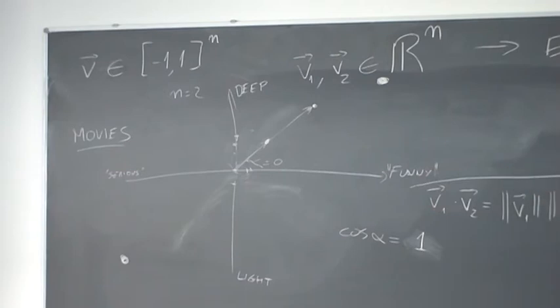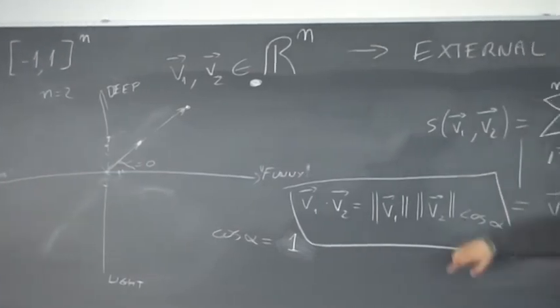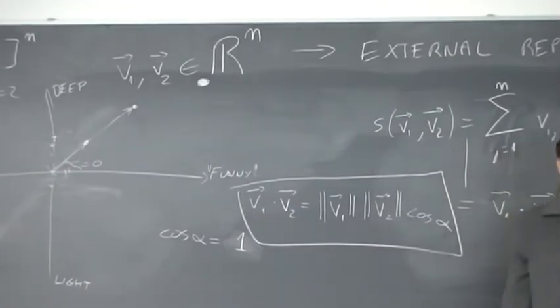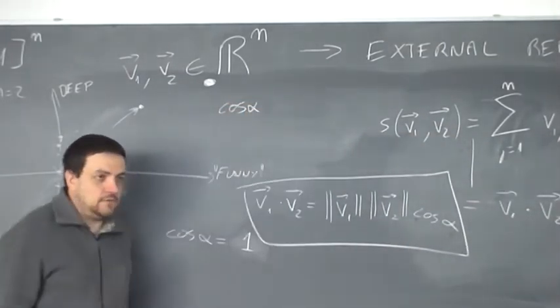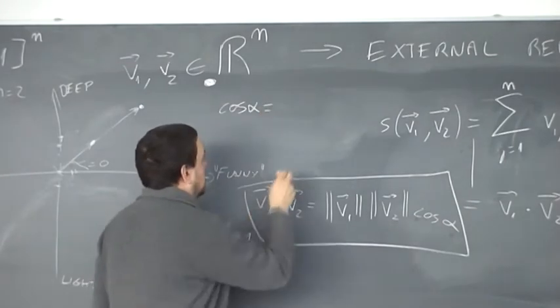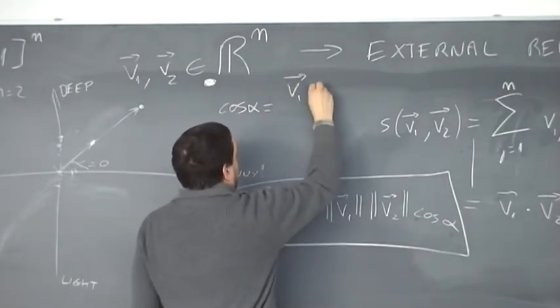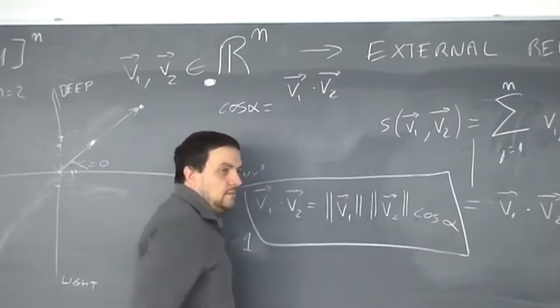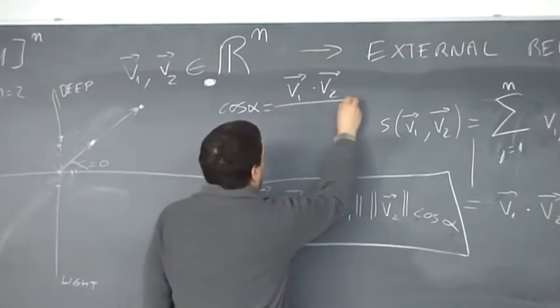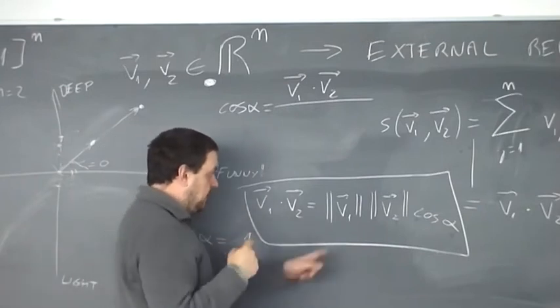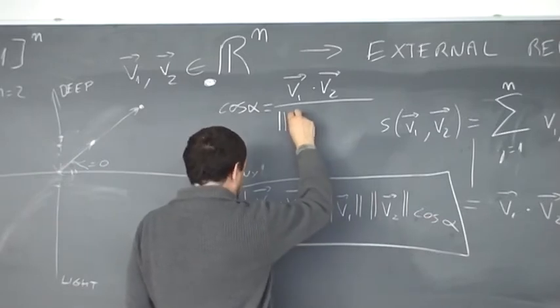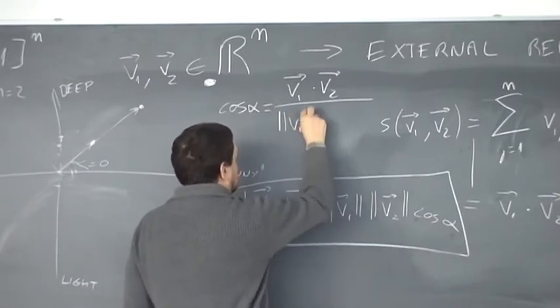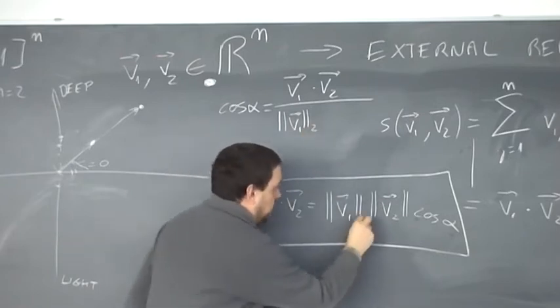Okay, you consider this relationship and you just move this product on the other side. So the cosine of the angle between two vectors is the dot product between the two vectors divided by the product of the sizes of the two vectors. So the two norms, of course.